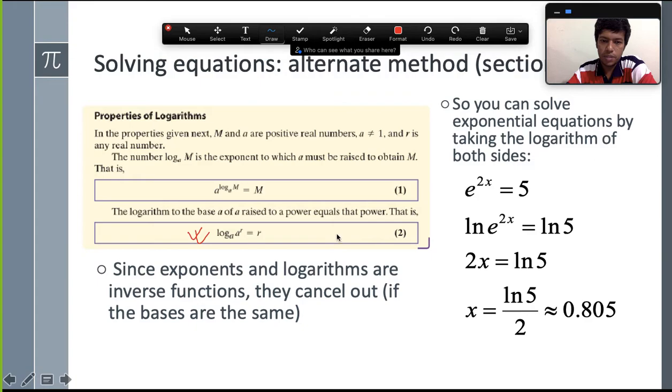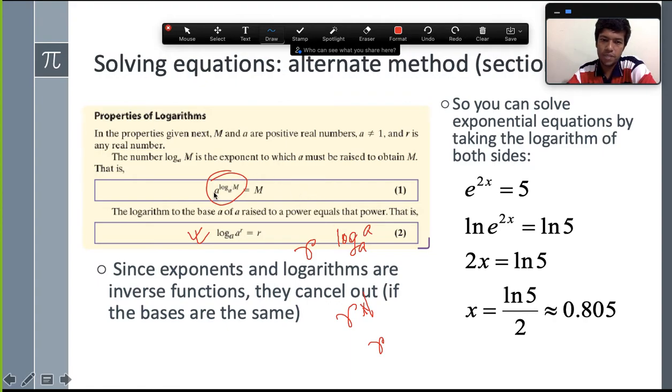And how it works, the reason is log a base a, then this r comes to this side because this is the power. So you have r, then log a base a equals 1. So basically it is r. This happens by using the inverse function property.